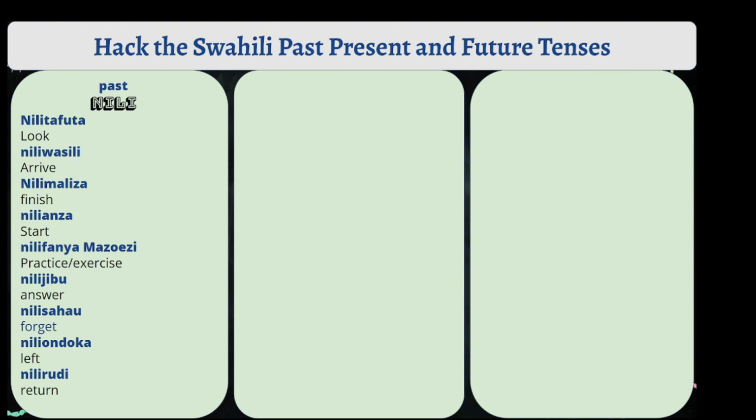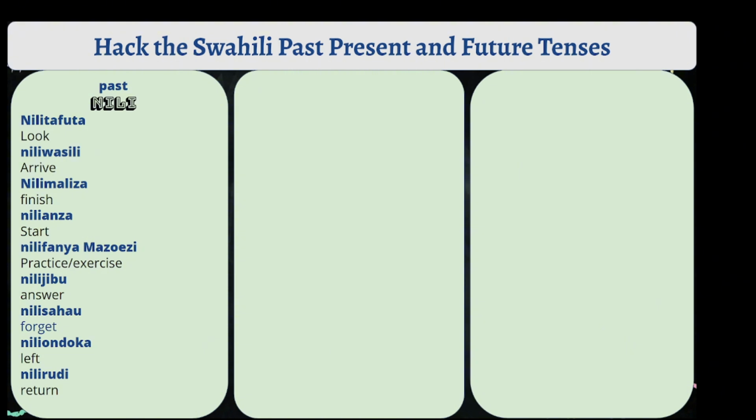To practice or to exercise, those two words mean the same in Swahili. They use the same one word, which is mazoezi. So to practice or to exercise, nilifanya. Fanya is do, mazoezi is exercise or practice. Nilifanya mazoezi.